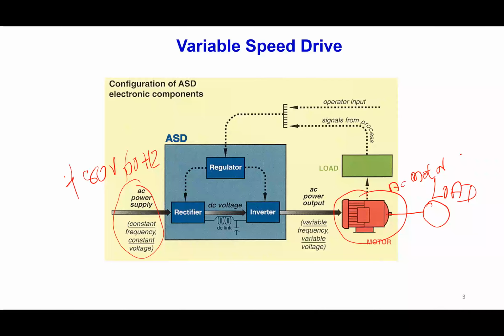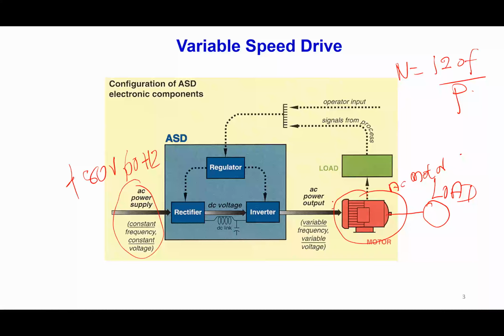Because the voltage has to be varied proportional to the frequency. The speed depends on the frequency and the number of poles. Because the number of poles is fixed, the speed is directly proportional to the input frequency of the motor.